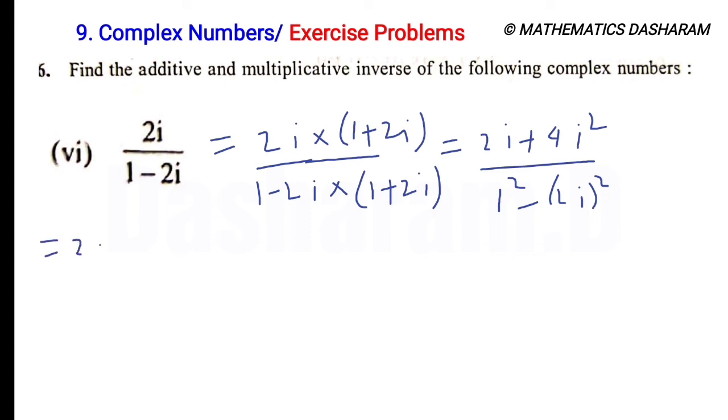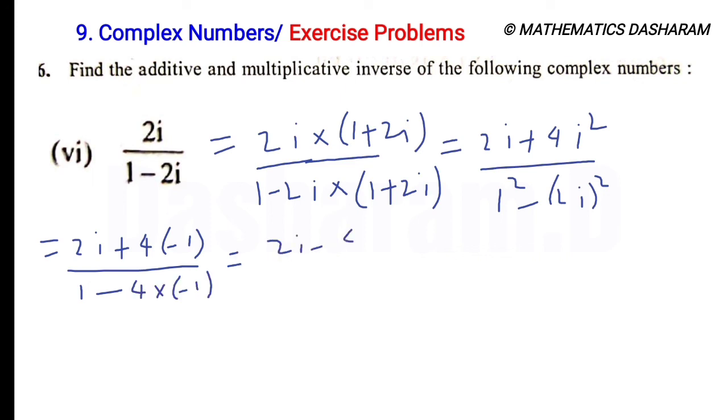So it equals 2i plus 4 into i squared, which is minus 1, divided by 1 squared, 1 plus 4. So 2i minus 4 divided by 5.